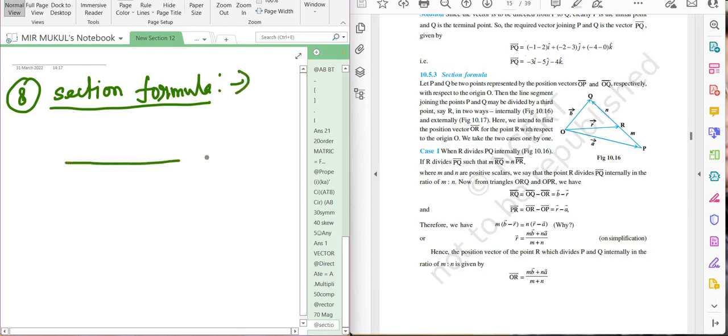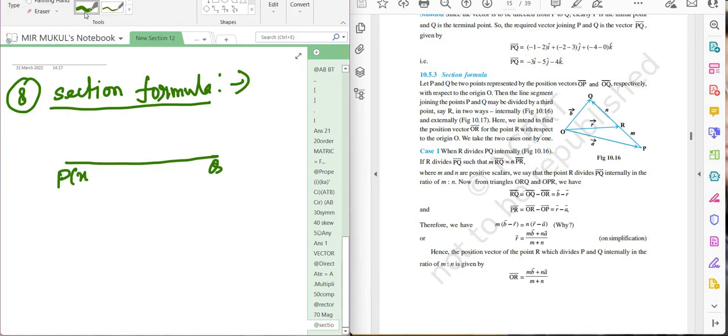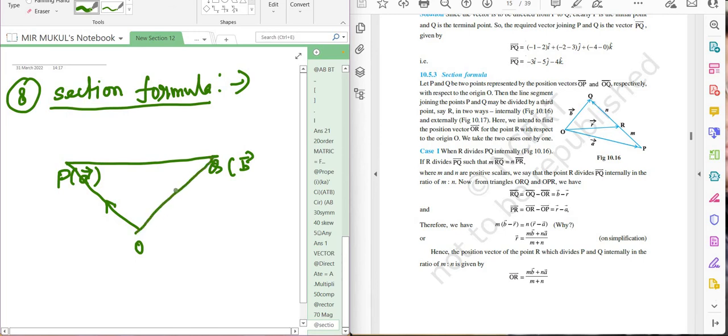Suppose this is point P, this is point Q. Suppose its position vector is A, and its position vector is B. That means from origin OP vector is A and OQ vector is B.